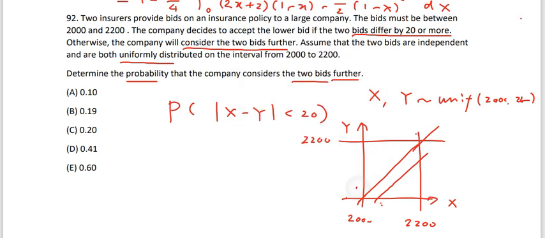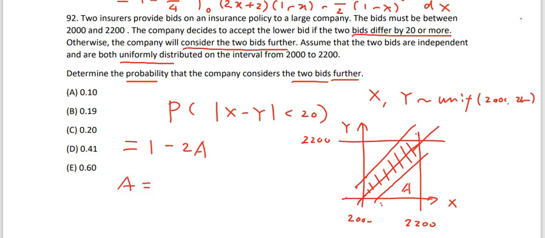So we want to find this part, where their difference is small. So this probability equals total minus the two parts over here, right? So we can write 1 minus 2 times this. Suppose this part has probability A. So we just find this probability A.